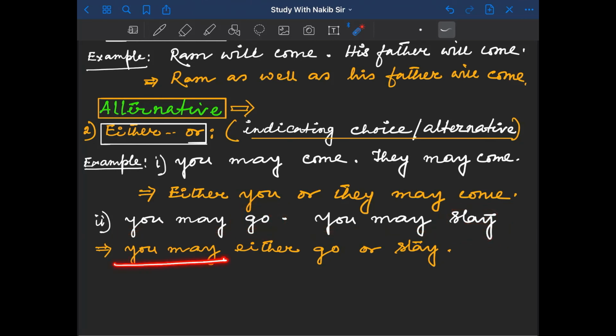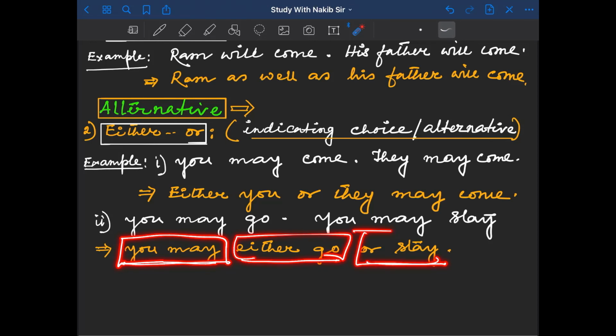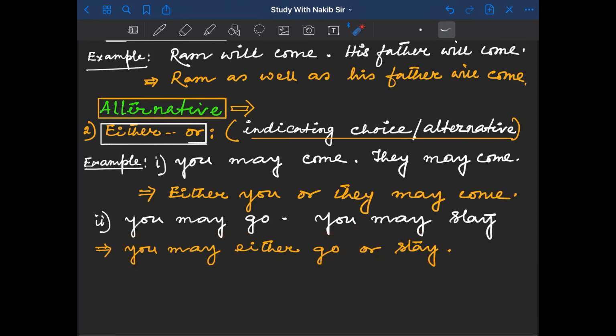You may, this part is the same in every sentence. So, write this. You may, this is the common part. You may either go or stay. This is the choice, either this or this. So, your combined sentence is you may either go or stay.